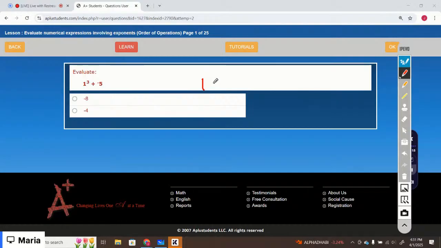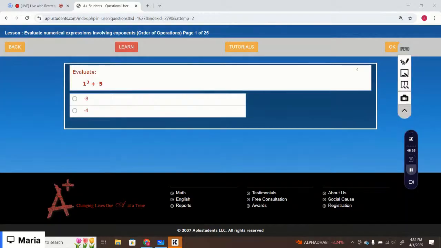Adding a negative number is the same as subtracting. 1 minus 5 equals negative 4. Option number 2 is the correct option. That is negative 4.